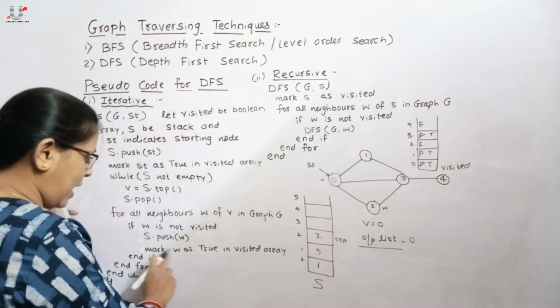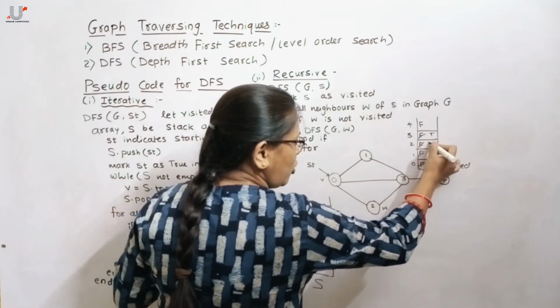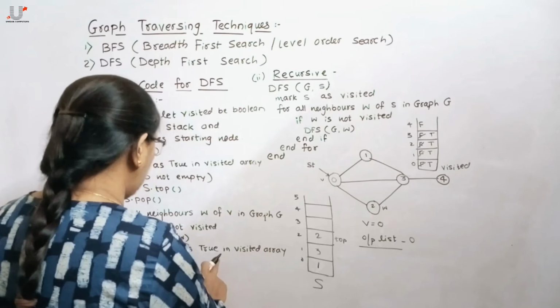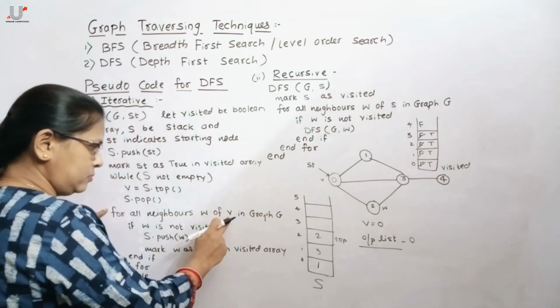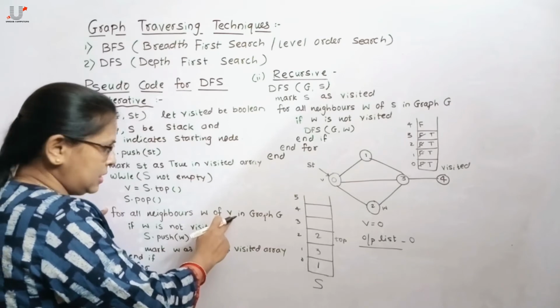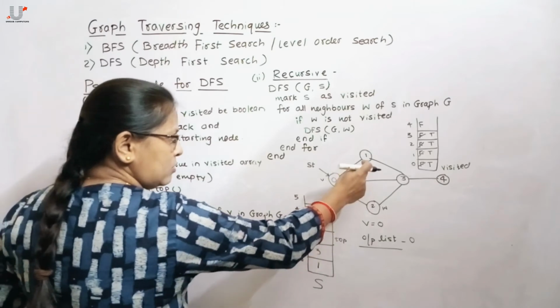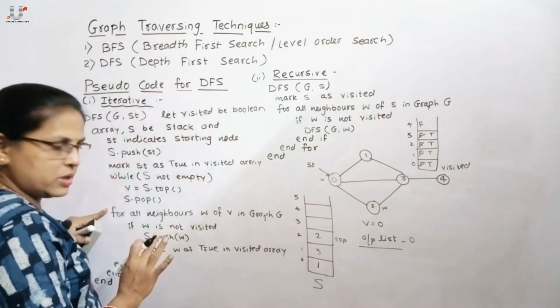Then mark that w, meaning 2, as visited. Currently it is false, so mark it as visited, meaning the status gets changed to true. End if, and again it will move to the for loop. Check if any neighbor is still remaining for that v, as 1, 3 and 2 have all been pushed into the stack.